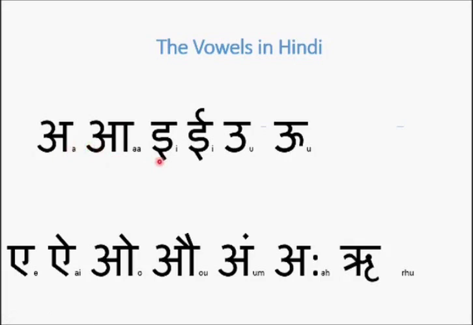This is also E and this is also E. Why two E's? One is short E, also called Raswa E in Hindi. Another E is a long E, that is called Dirgha E in Hindi. How do we write an E?